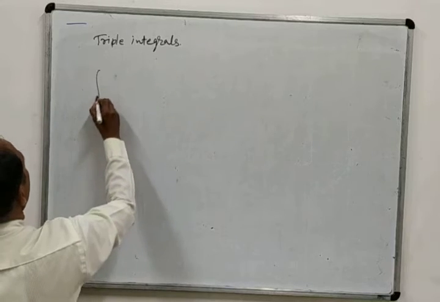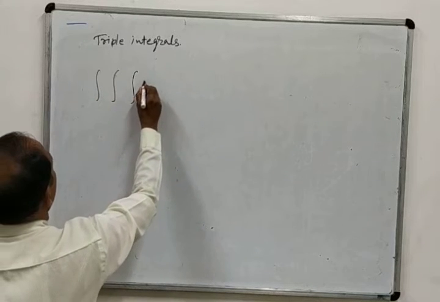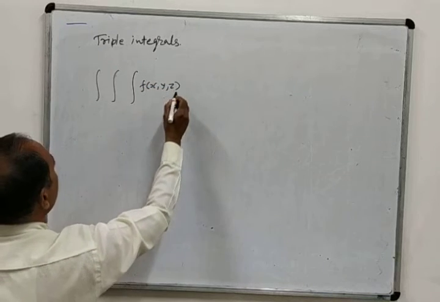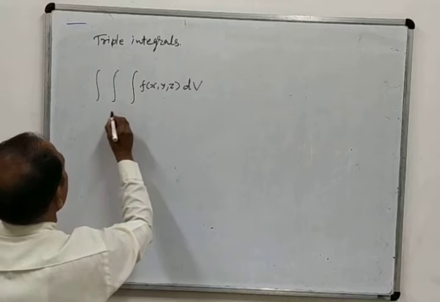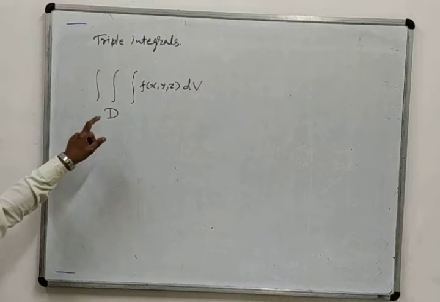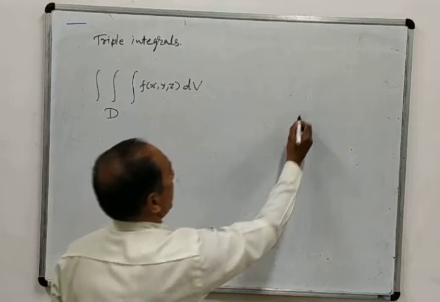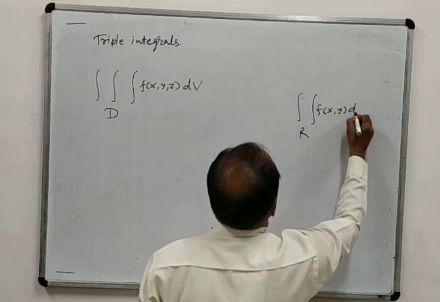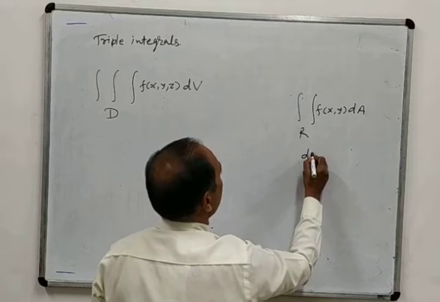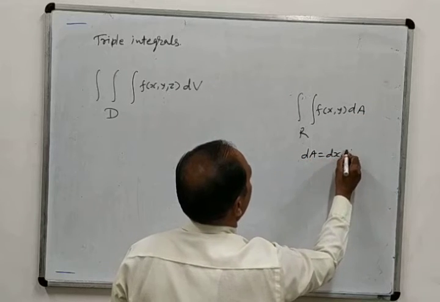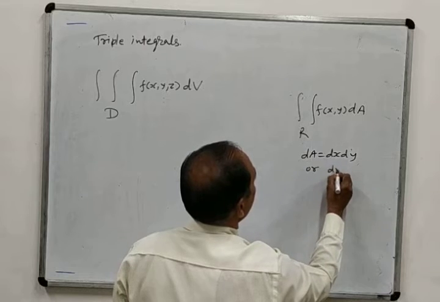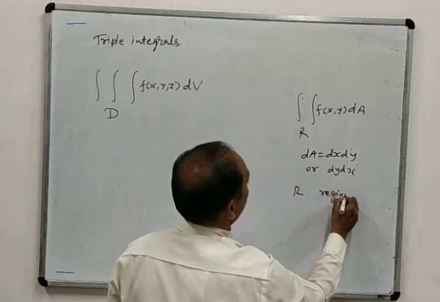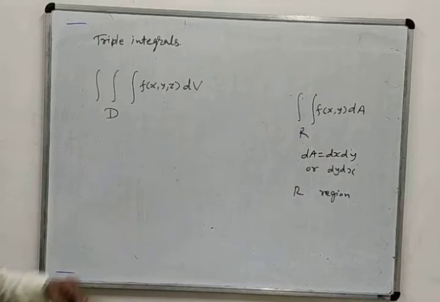Here we will see triple integrals, and we will be given a function of x, y and z. That means there are three variables, and here we will write dV. In double integration we were writing the integral over R of f(x, y) dA, and we were writing dA as dx dy or dy dx, and R is the region over which we are evaluating the double integral.